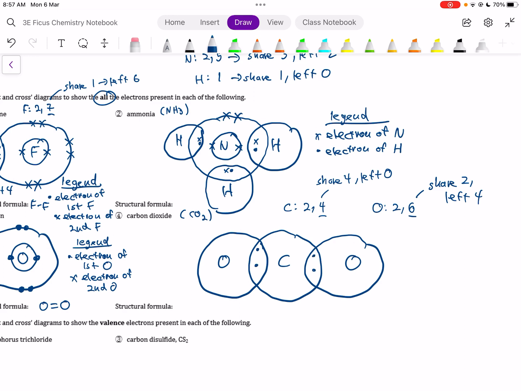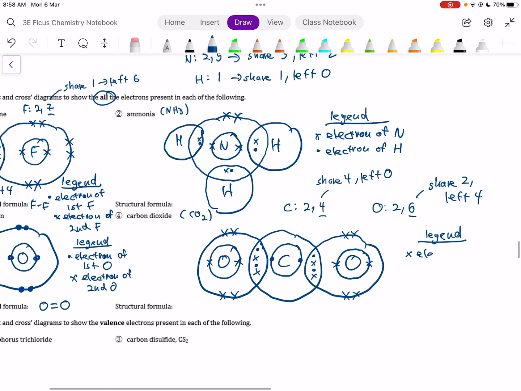Oxygen will share 2, left with 4. Share 2, left with 4. Then we have the other oxygen here. Then I have the legend: electrons of O are dots, electrons of C are crosses.